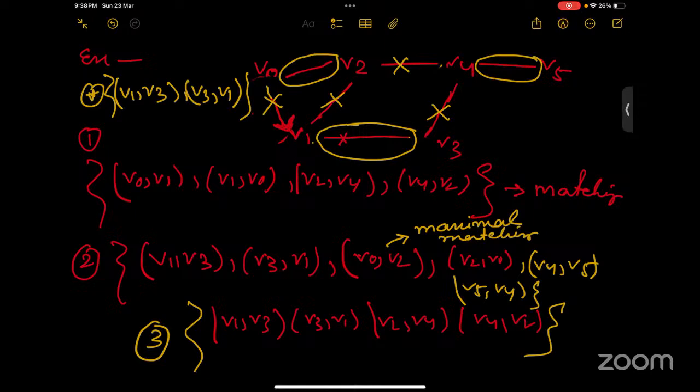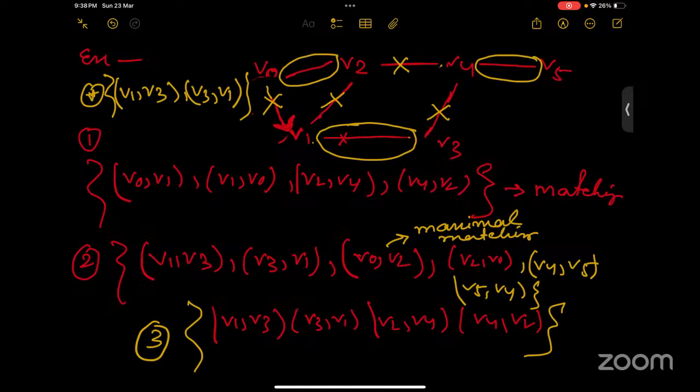So when we have a graph, we want to compute the matching. It can contain any number of edges, but there will be an upper bound, and the set with that cardinality is called the maximal matching. Why are we using maximal?